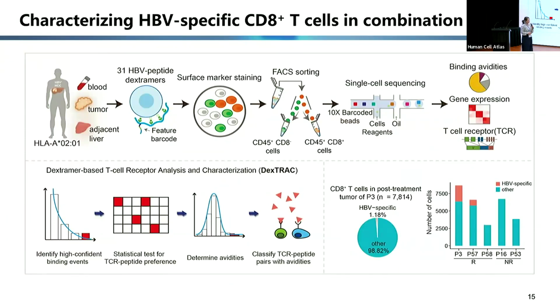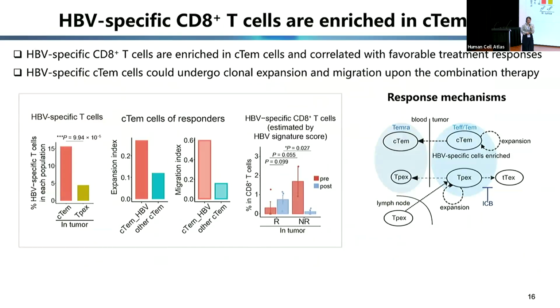By successfully identifying HBV-specific T cells, we found that these cells were more enriched, or captured, in the responders. And these cells were more enriched in the circulating effector memory T cells, CTEM cells, as we talked about before. These cells also showed higher expansion and migration potentials than the other CD8 T cells.